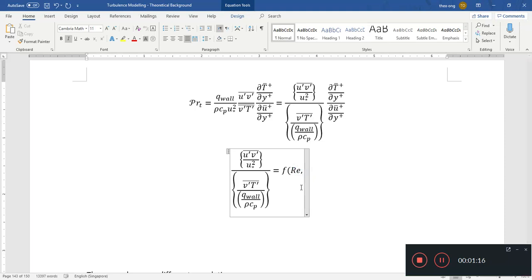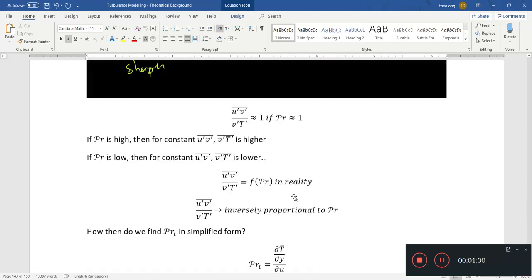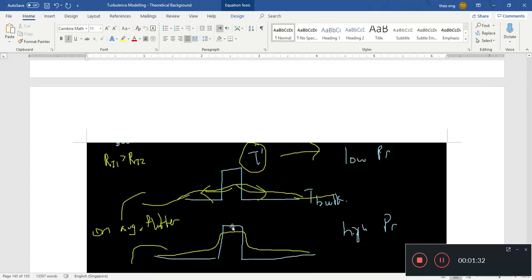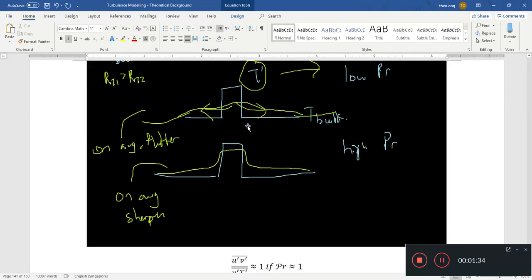In a high Prandtl number fluid, you would see more sustained peaks of temperature disturbance as compared to, let's say, the velocity disturbance. In low Prandtl number, you will see less temperature disturbance because, like I said before, one of the ways I like to think about it is that for low Prandtl number fluids, every time you have a disturbance in temperature and velocity, the temperature tends to diffuse out faster than the velocity.